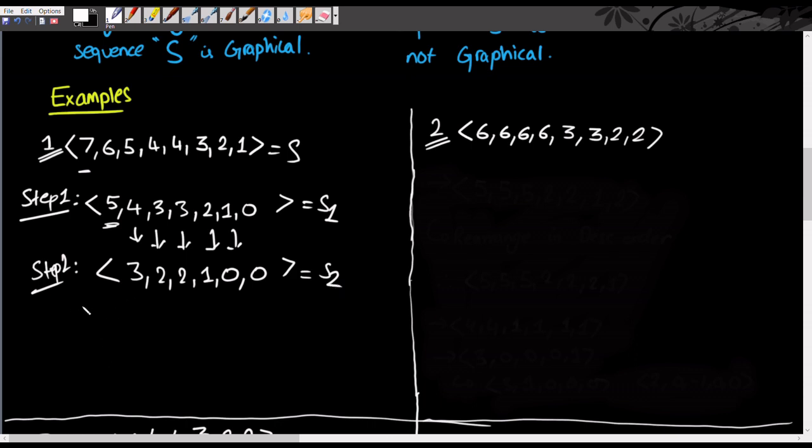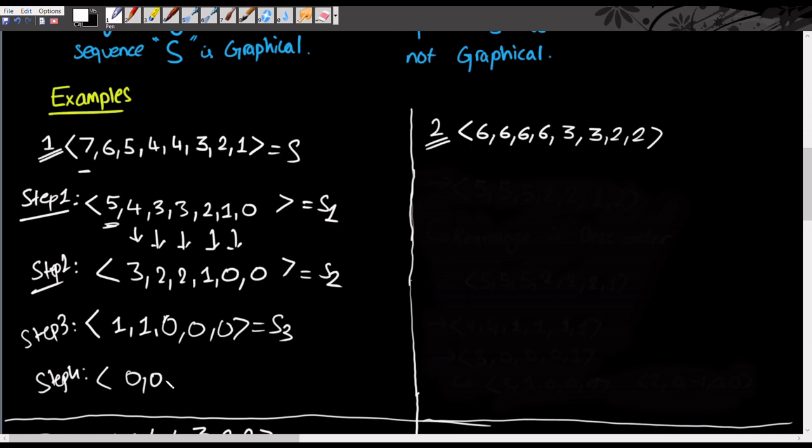Now continuing this process, you'll get S3 as 1, 1, 0, 0 and 0. That's your step 3. Step 4 would be your sequence of 4 zeros. So that's your S4. Now we've obtained case 1 where all the entries are 0. Therefore S is graphical.